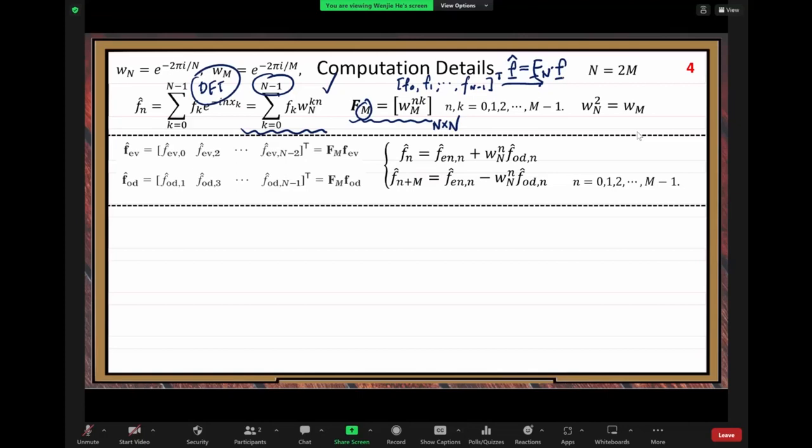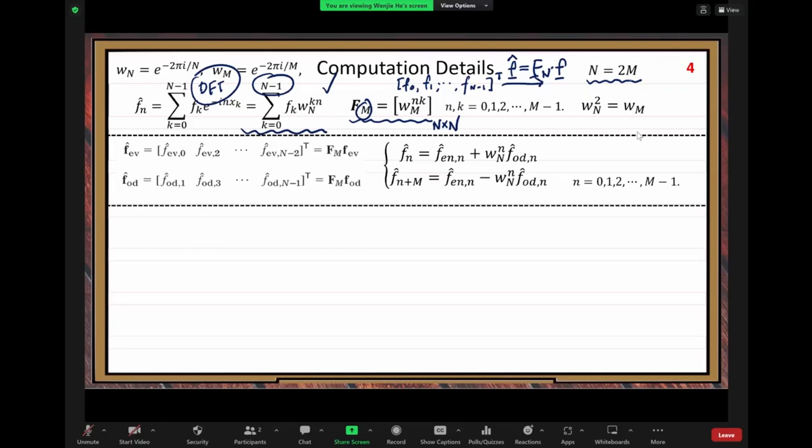In order to support efficient computation, we assume the N value should be an even number, because with an even number we can split into two equal-sized vectors, the first half and the second half. For the second half, we can save a lot of computation because we can use the computation we did in the first half.